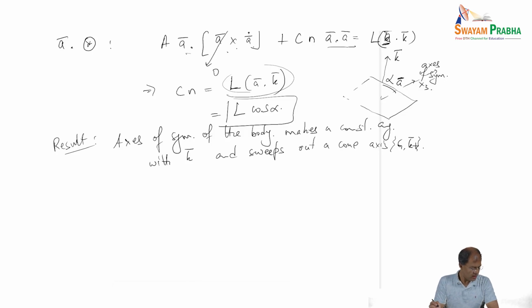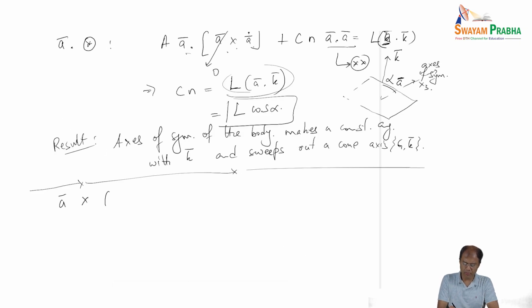Now if we take the cross product of this equation, which I call double star, since my previous equation was star, with A, let us quickly skip the steps of taking the cross product and see the result.